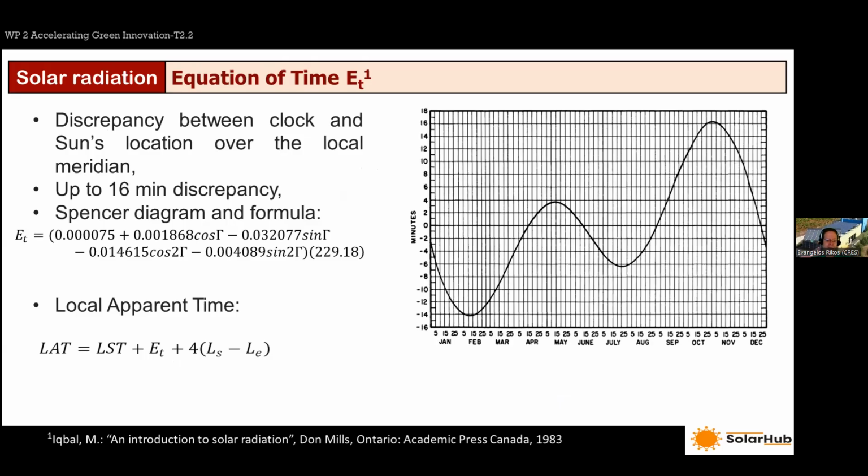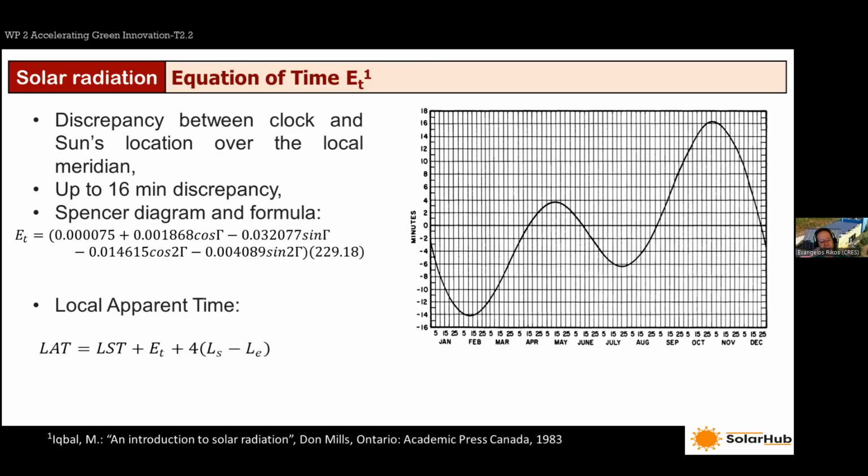Another aspect that determines the amount of solar radiation a location receives within the year is the time. There is an equation of time which gives the exact position or the exact location of the sun over a specific area with reference to the local standard time or the time of the local meridian. As we know, we have a convention regarding time that divides the Earth into zones.